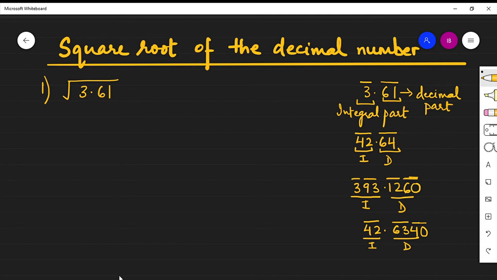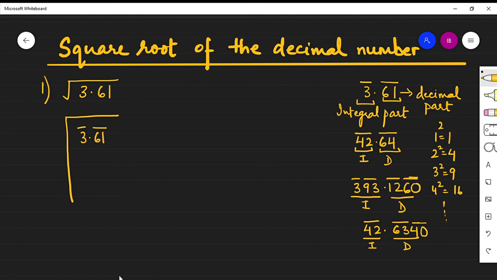Now let's start finding out the square root of 3.61. Put the bars, integral place, decimal place. 3. You know, we always deal with the square numbers while finding out the square root. So 1 square is 1, 2 square is 4, 3 square is 9, 4 square 16, so on.